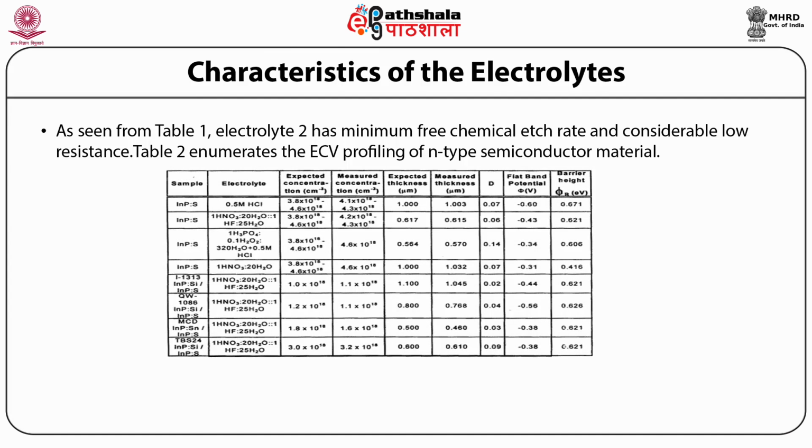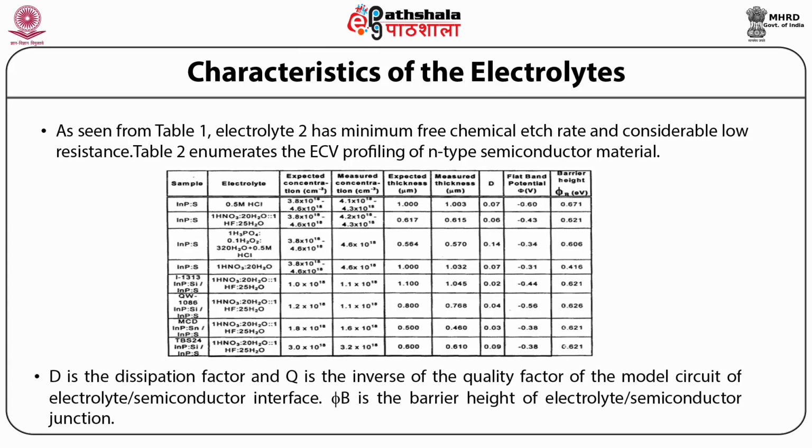The parameters included in the different columns can be used to select the most suitable electrolyte for different experimental conditions. In Table 2, D is the dissipation factor and Q is the inverse quality factor of the model circuit of the electrolyte semiconductor interface. Phi B is the barrier height of the electrolyte semiconductor junction.